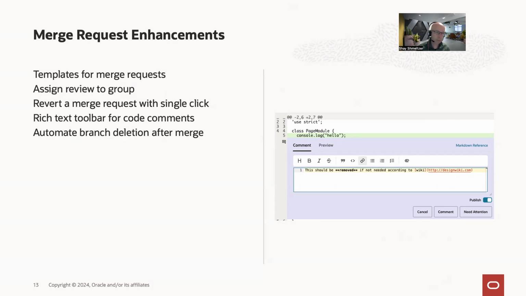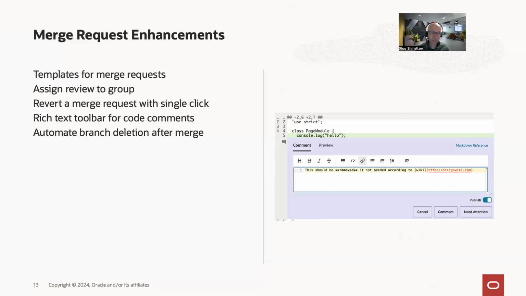You can define multiple templates there. You can also assign the merge request not just to individual people, but also to groups. For example, if your project has groups of code reviewers, you can assign it to that group. Or if you have a group of people working on specific areas of the product, you can assign it to that group as well.